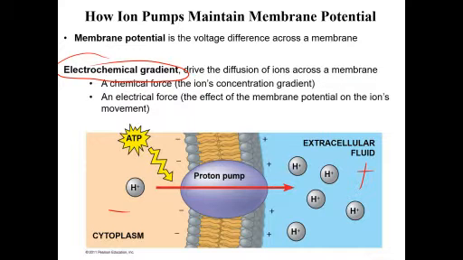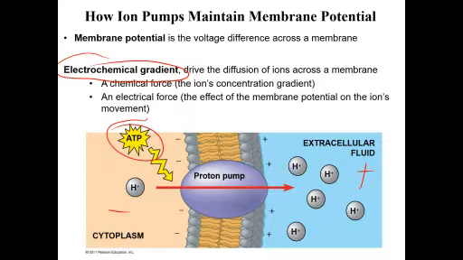Hydrogen ions. These hydrogen ions are pumped outside of the cell. They're pumped against their concentration gradient, which requires the use of ATP.